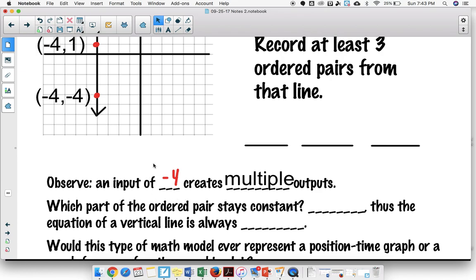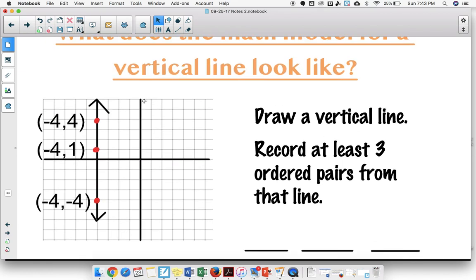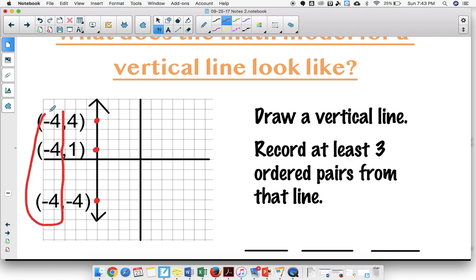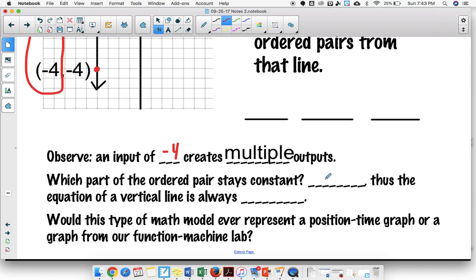Which part of the ordered pairs stayed the same? Well, if you look at your ordered pairs, only the x-coordinate didn't change. Therefore, when we write equations of vertical lines, it's always going to be x equals whatever that number is that it passed through.